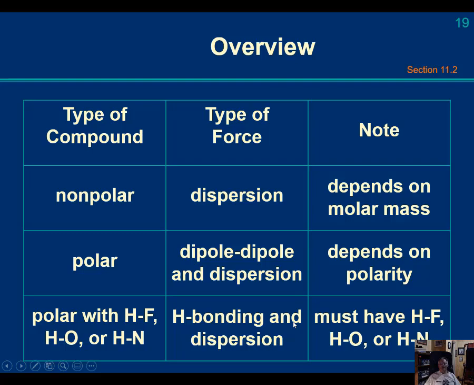You can have dispersion forces, and we really should put dipole-dipole in there as well. And hydrogen bonding is really just a super strong dipole-dipole force. But most lists will include dipole-dipole in there. So just note, it has to have HF, OH, or NH to be a hydrogen bonder.